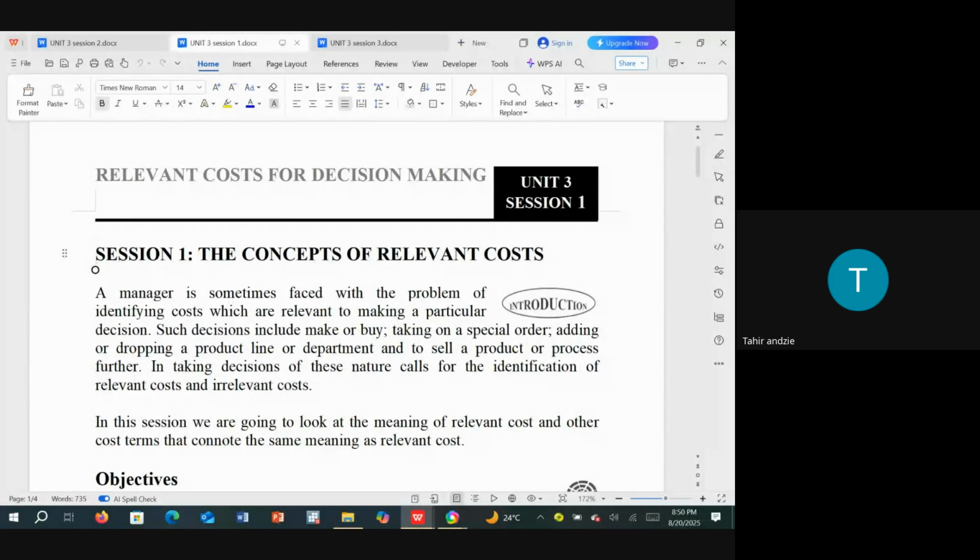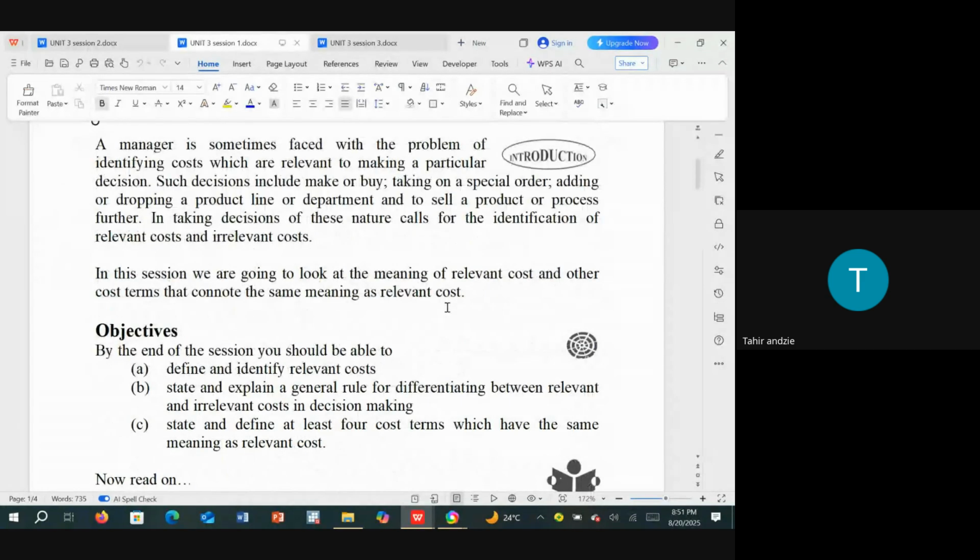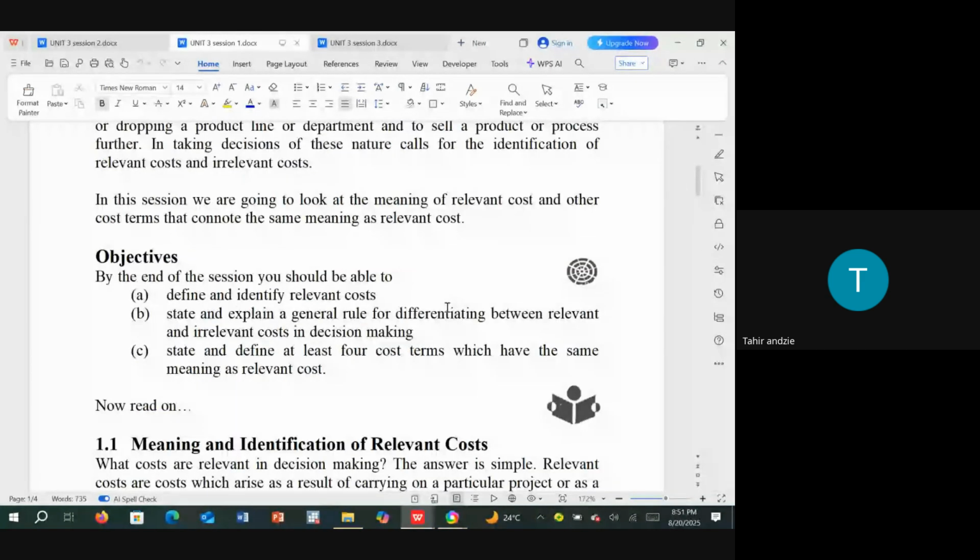You have been introduced to these terms in Cost and Management Accounting 1, where you are told what relevant costs are, what irrelevant costs are, what variable costs are, and all that. But we're now going to see the application of relevant cost in making short-term decisions. By the time we finish going through this session, you should be able to define and identify relevant costs.